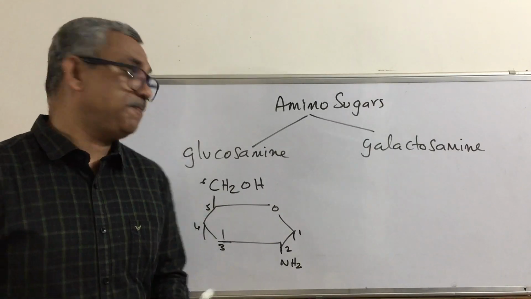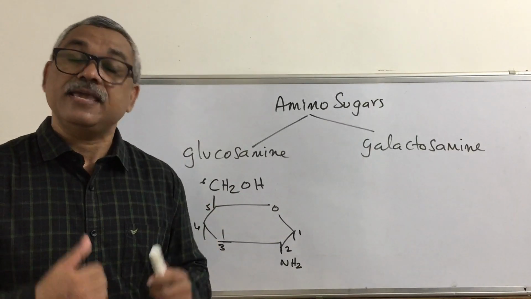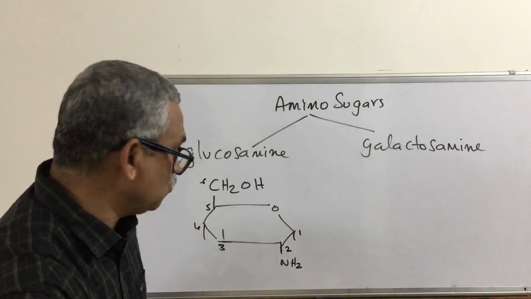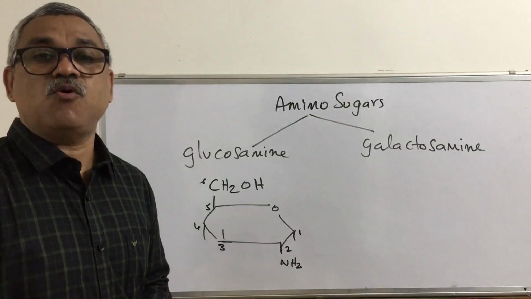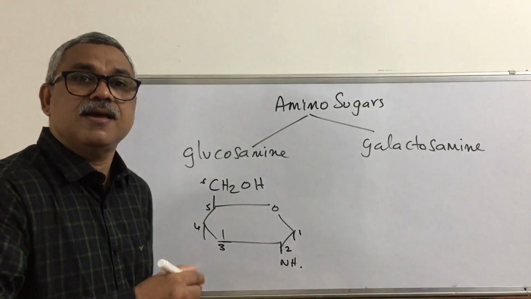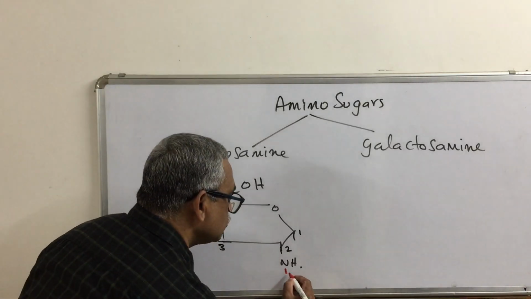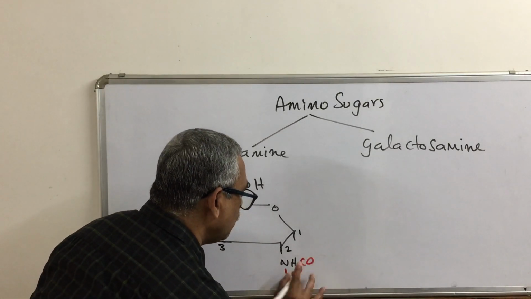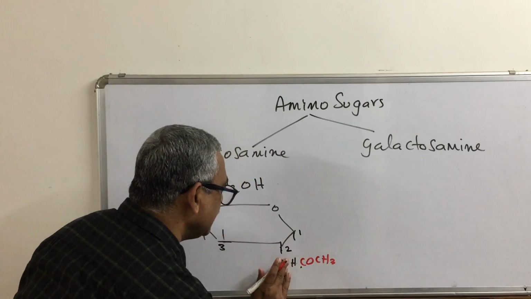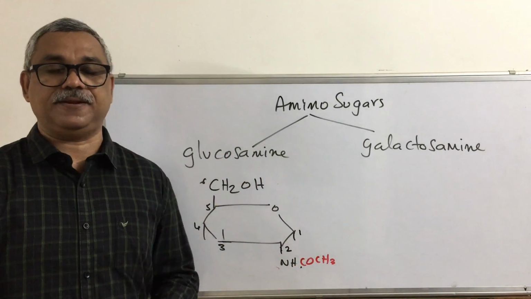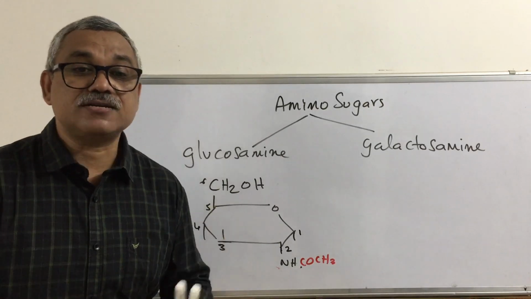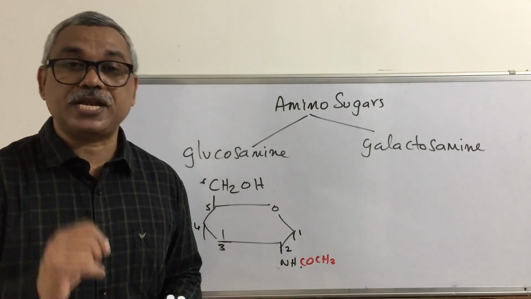We will also take up, along with glucosamine, N-acetyl glucosamine, another derivative of glucosamine. What is the modification happening within the structure of N-acetyl glucosamine? An acetyl group is added. So therefore, this is COCH3. This is N-acetyl glucosamine. This N-acetyl glucosamine is generally added to proteins.